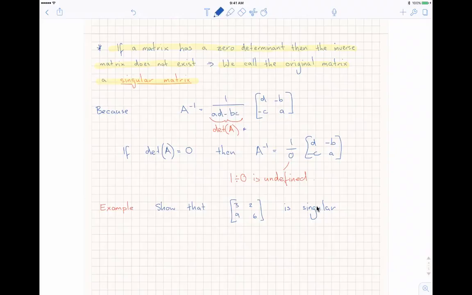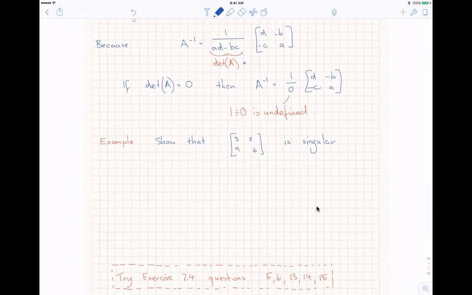So if the determinant was equal to 0, then A inverse would be 1 over 0, and we should remember that 1 divided by 0 is undefined. Therefore, if the determinant is equal to 0, then the inverse matrix cannot exist, and the original matrix A would be called singular.